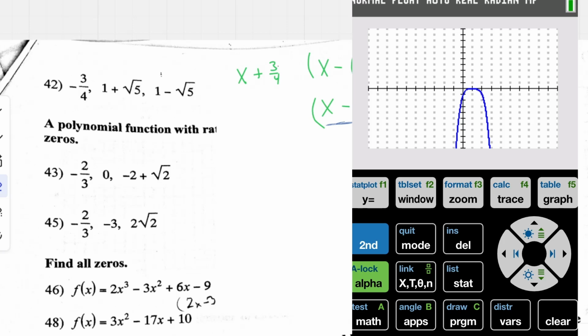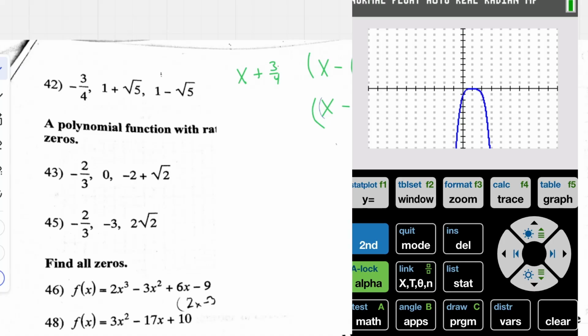Or you could just do that super distribution if you don't want to use the shortcut, which would be distribute the x, distribute the 1, then come back and distribute the -√5. And it'll give you 9 terms. You'll have to find the like terms, add them up. But I'm going to use the shortcut.